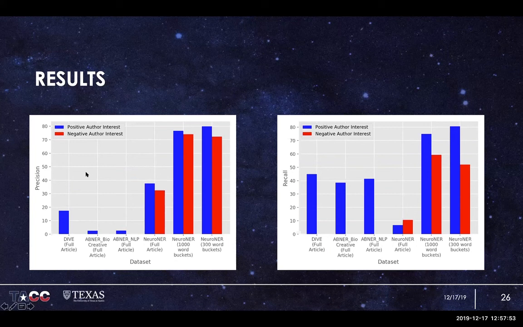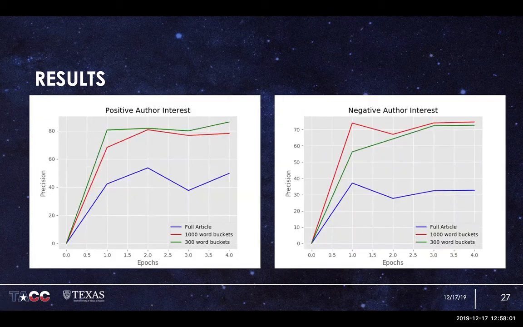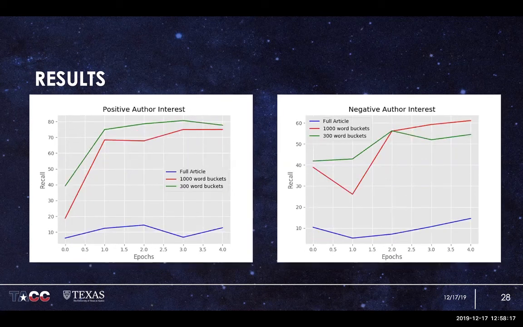That's what we're seeing: precision and recall values for these. This is the training through the epochs for NeuroNER for both these classes. Again, we see the smaller word granularity does better, and the same for recall performance.